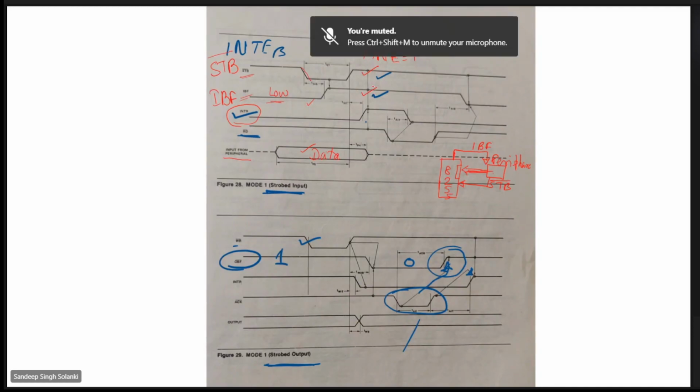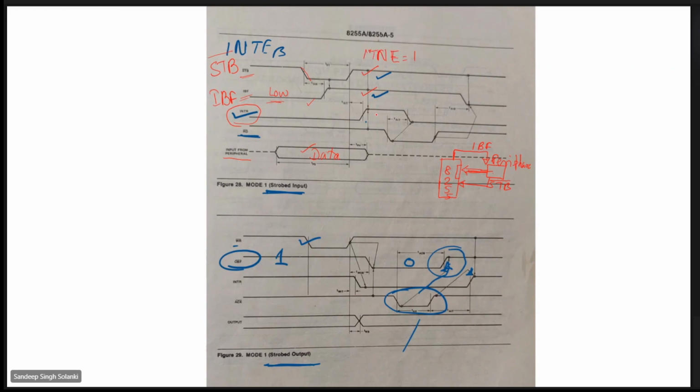So all three are 1, therefore INTR is generated. Once the INTR is generated, you expect the ISR to be executed.